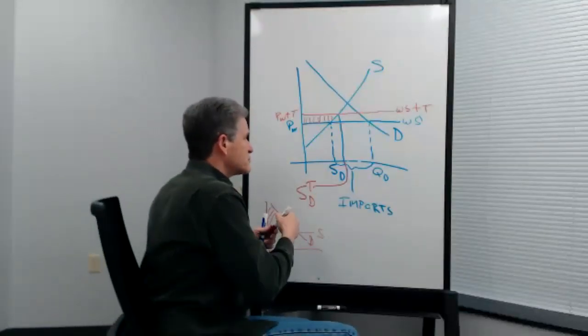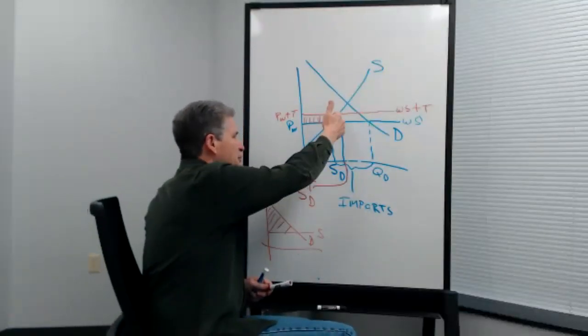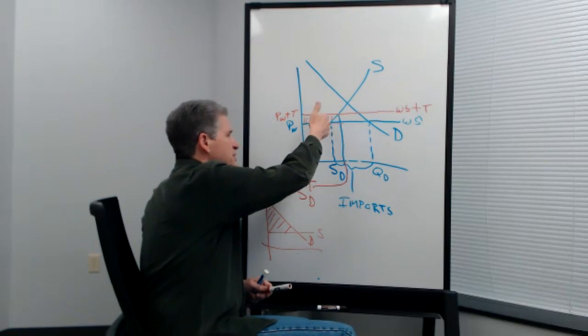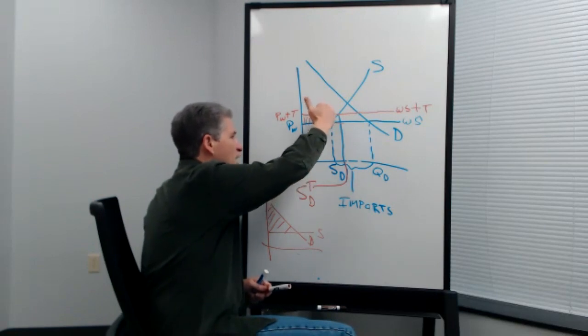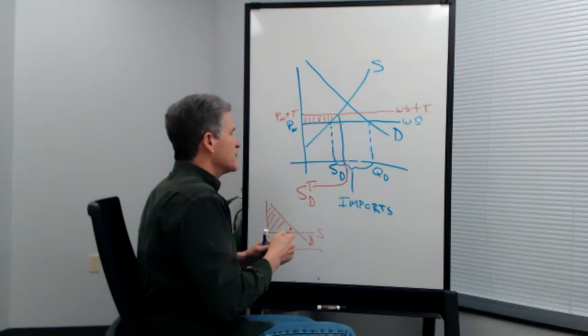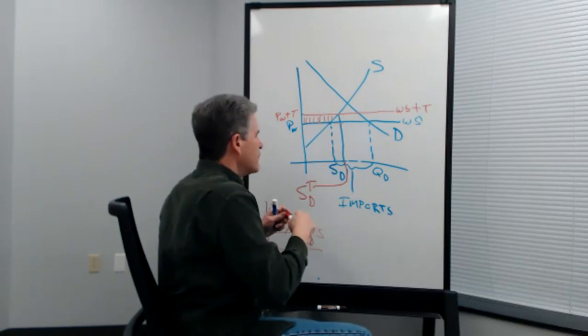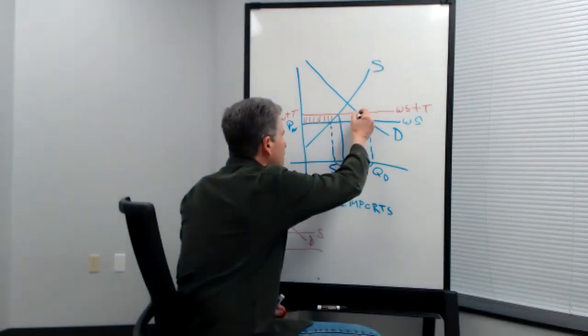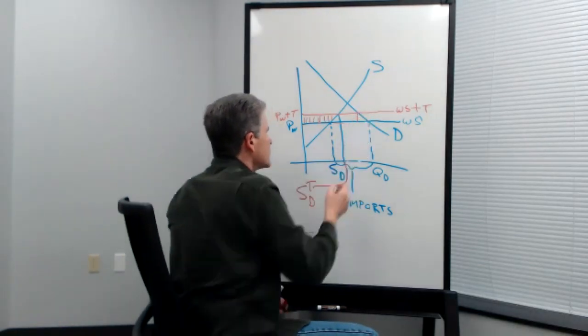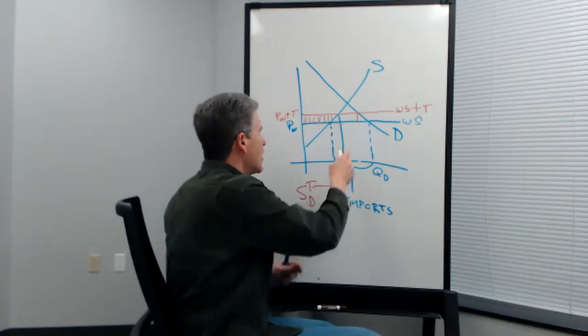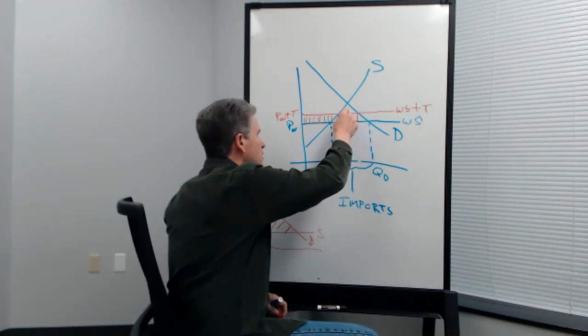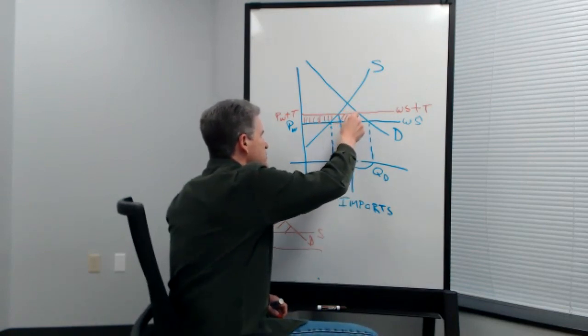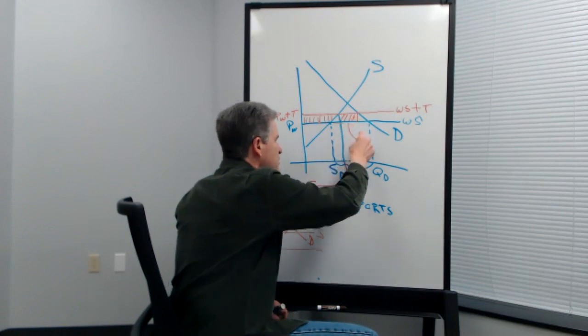Now, so one thing that's happening is domestic supply is going up. Those domestic producers are charging this higher price, and they're making money. And then you have the supply here. This is now this piece here. Okay, this piece is the tariff.